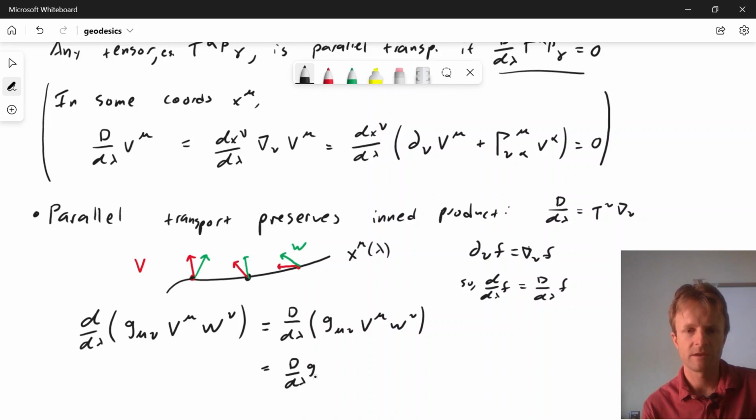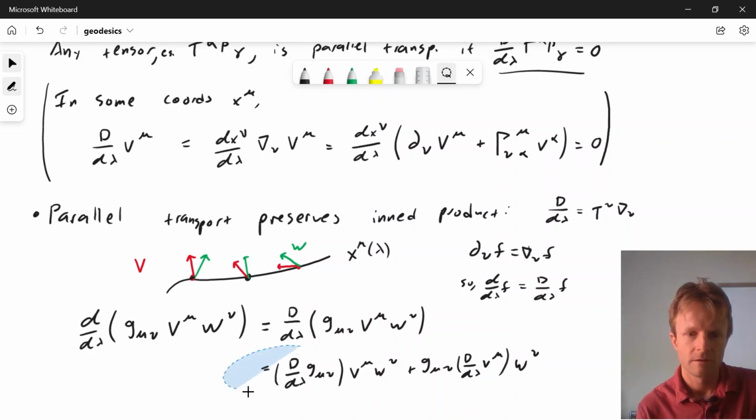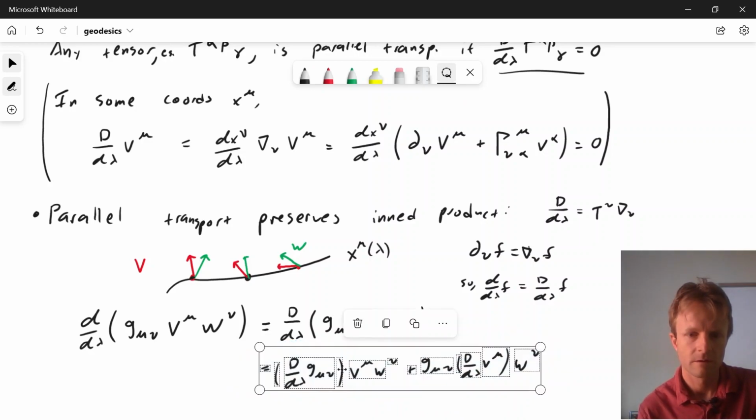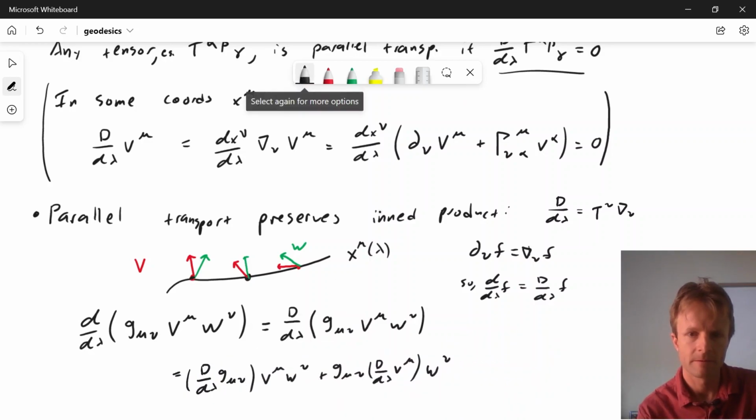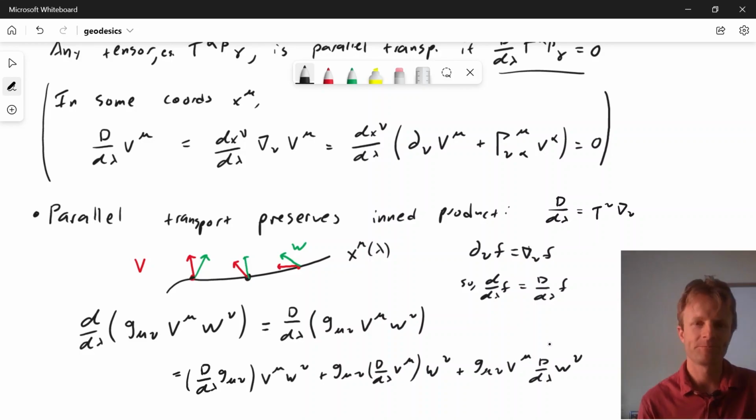D by d lambda g mu nu times v mu w nu, plus g mu nu d by d lambda v mu w nu, plus g mu nu v mu d by d lambda w nu.